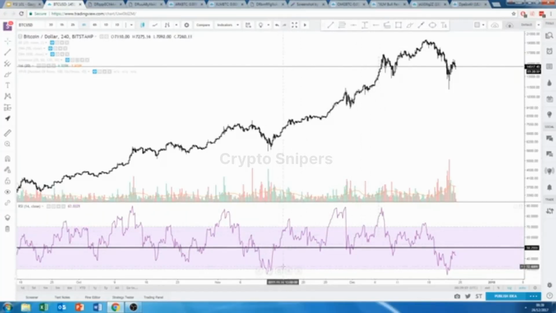As you can see from mid-November, all these peaks and troughs, or most of the RSI lines, are above the 50 level, and the only few exceptions are these little dips here. But it does not compare anywhere close to how much RSI action is happening above the 50 level. So this tells me that the bulls are in control.